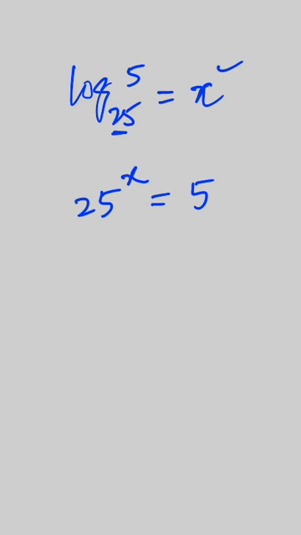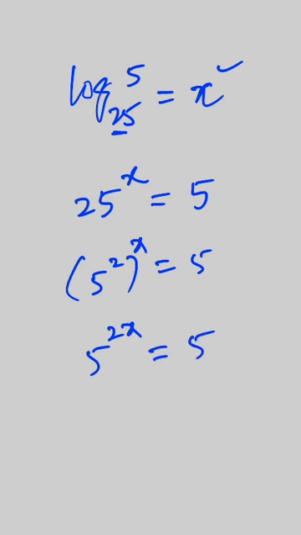After writing it in exponential form, we have to simplify it using exponential laws. For example, 25 we can write as 5 square, whole power x, equal to 5. And a power m whole power n equals a power m into n, so by that 5 power 2x equals 5, which is 5 power 1.